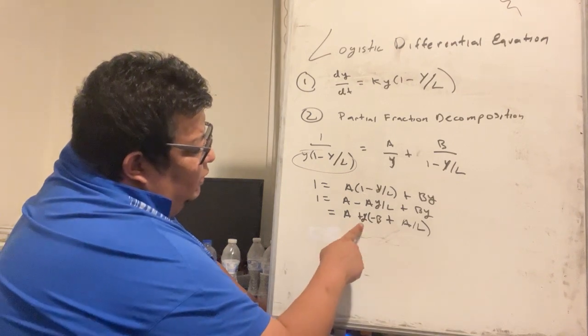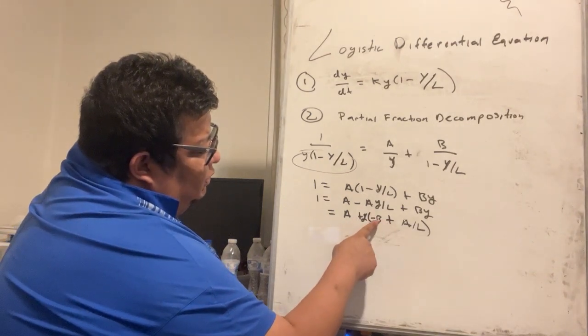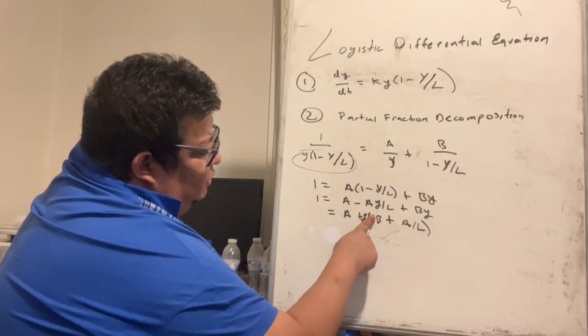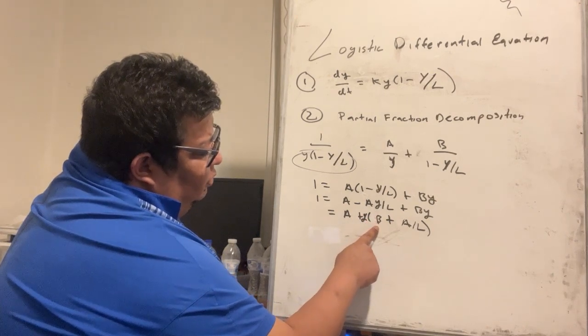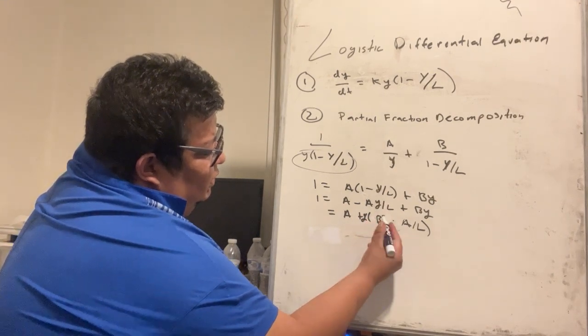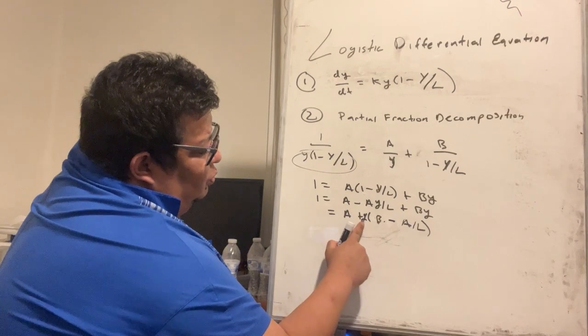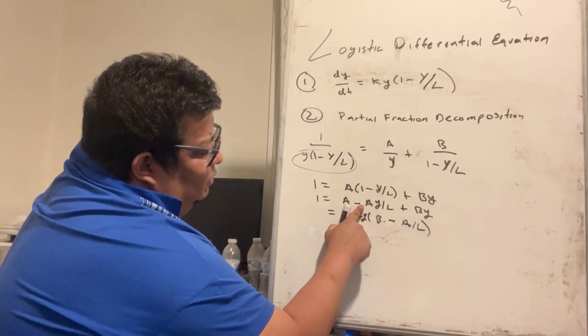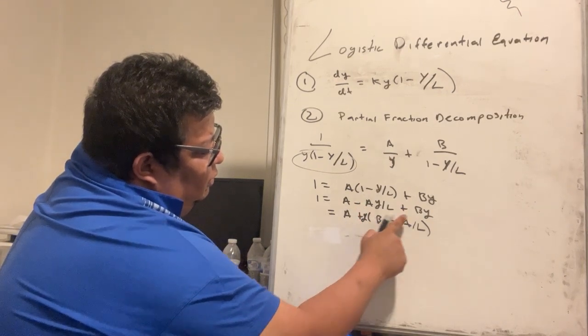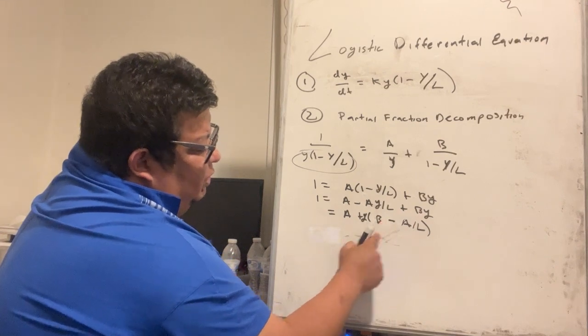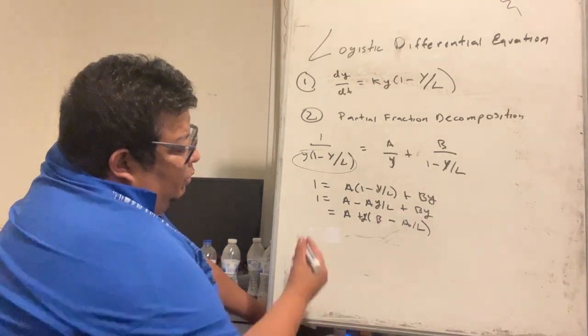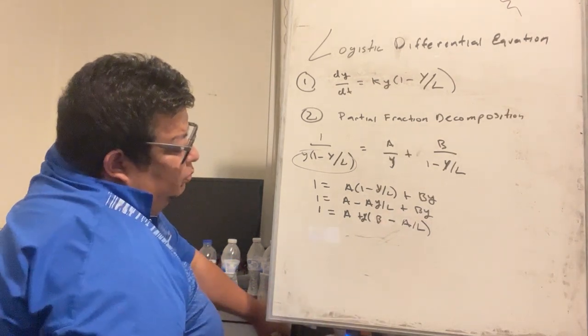If we want to take the positive, let's make this a negative, because when we distribute, that will give us this term, and when we distribute y, that will give us this term, so this will be (B minus A over L) y, and then this is equal to 1.